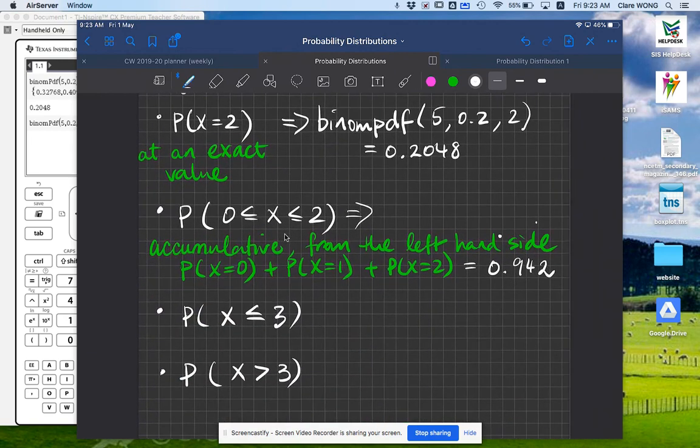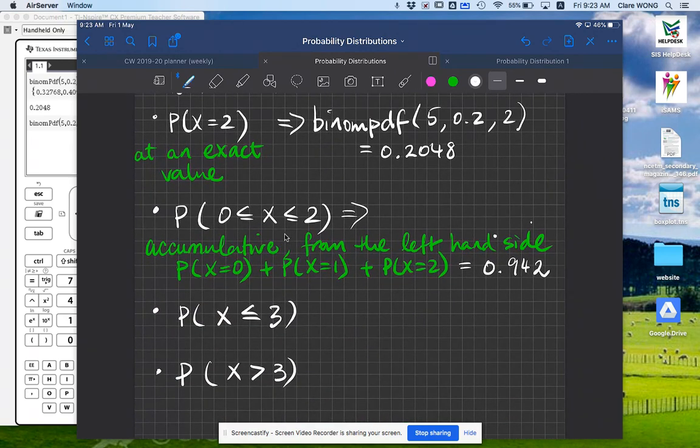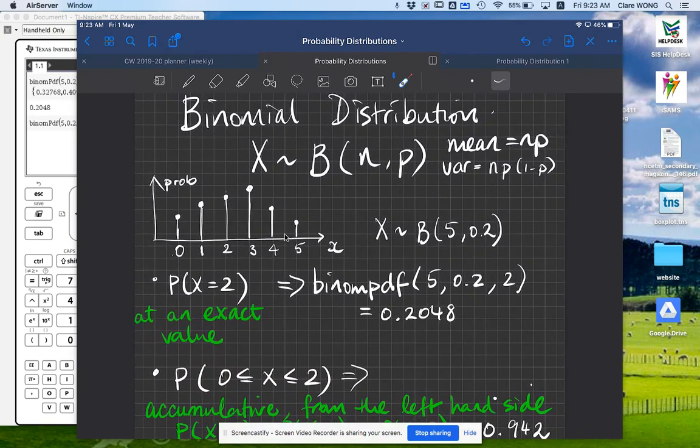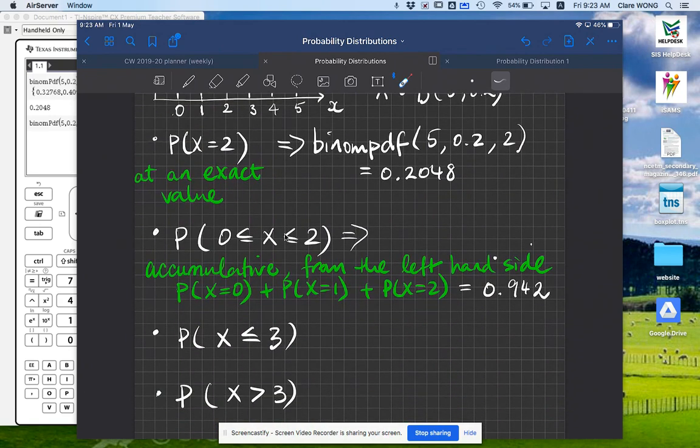Say we're interested in the interval. So we are interested in the probability of x in between 0 and 2 inclusive. But this is cumulative. If it's 0 and 2 inclusive, we are interested in adding up the probability of these 3. So we now need binomial CDF.